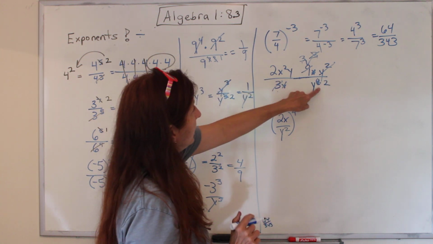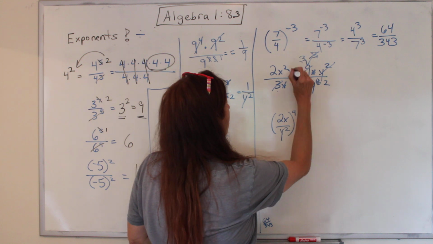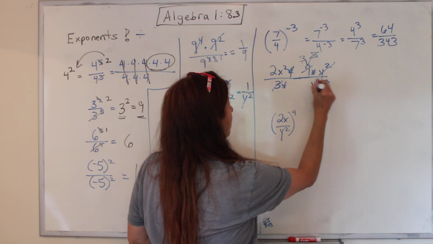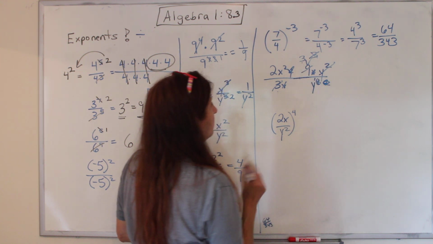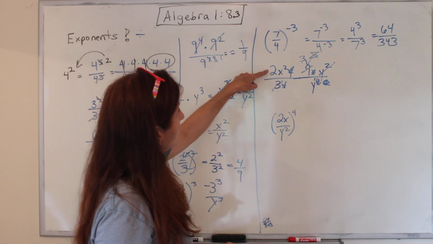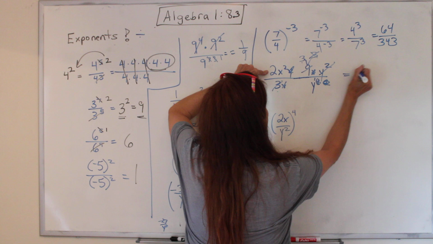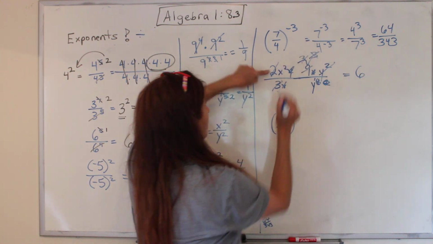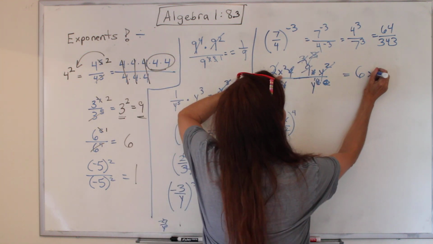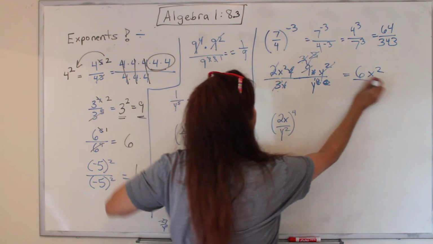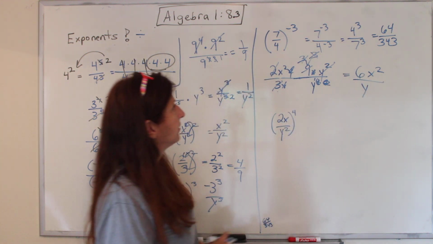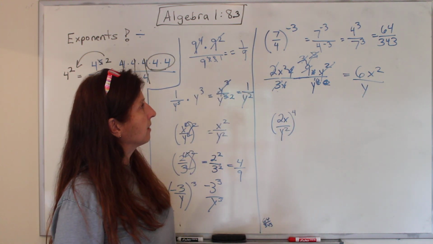Oh, I have a Y here and a Y here. So this one can get marked out and one of those get marked out, leaving just one, which you don't have to write. Okay, so I've got a 2 and a 3 on top. 2 times 3 is 6. I'm going to mark them out. I have an X squared on top, and I have a Y that got left on bottom. Everything else got marked out.